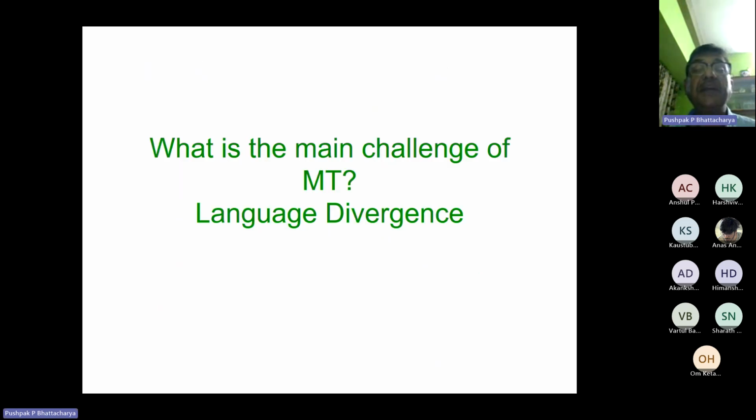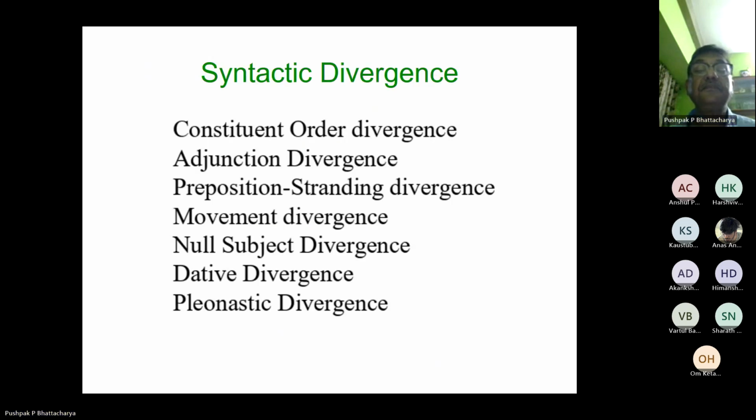Okay, and this is where we have the main challenge of MT, the language divergence. There are two kinds of divergence, syntactic divergence and lexical divergence. Under syntactic divergence, we have constituent order divergence, adjunction divergence, preposition stranding divergence, movement divergence, null subject divergence, dative divergence, pleonastic divergence. So when did all this work happen? All this work happened during the rule-based machine translation days.